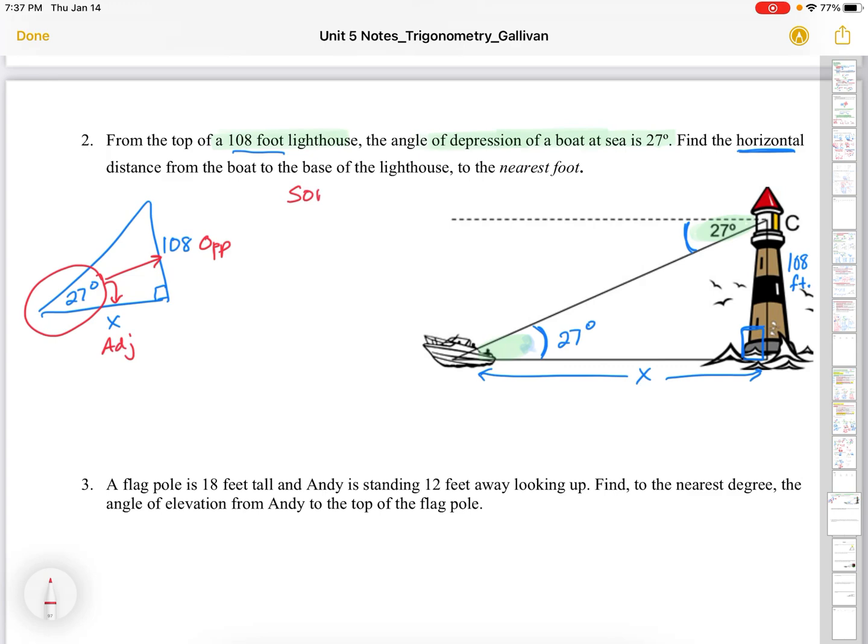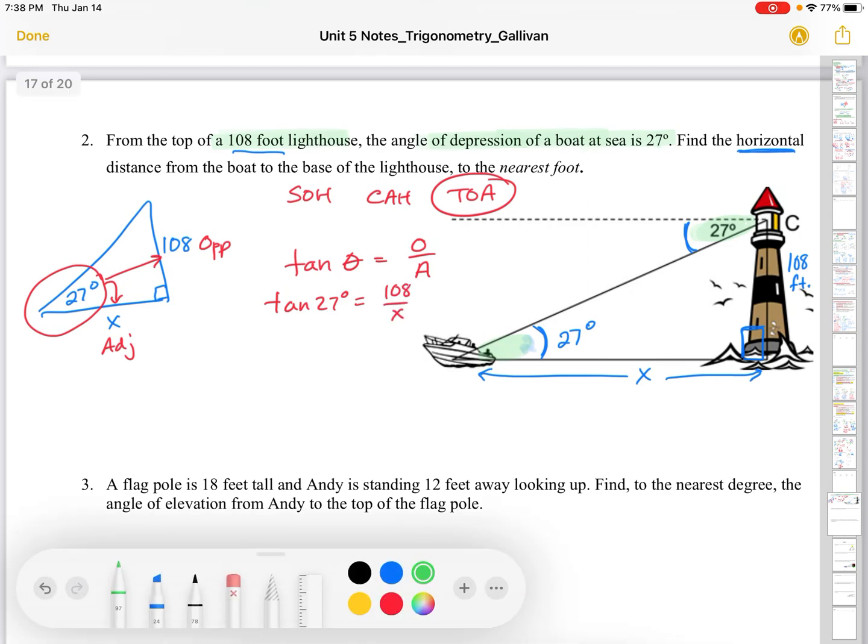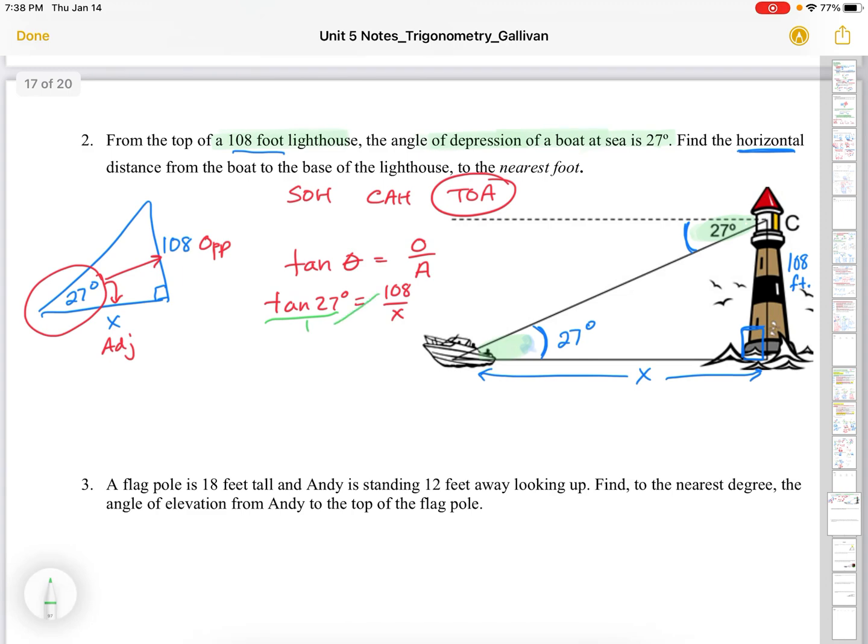So if I think about my SOHCAHTOA, I'm going to use tan. So tan theta equals opposite over adjacent. So tan of 27 degrees equals 108 over x. Now x is on the bottom, so that's a cross multiply and divide, right?